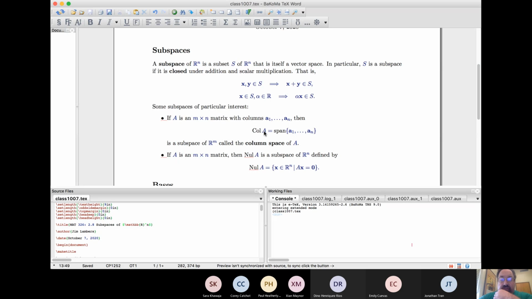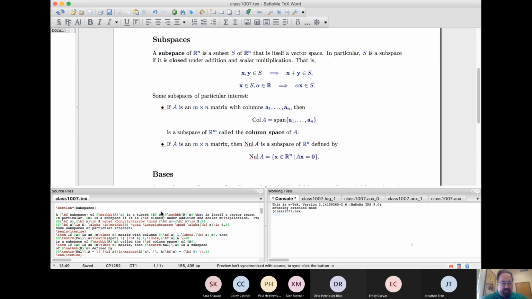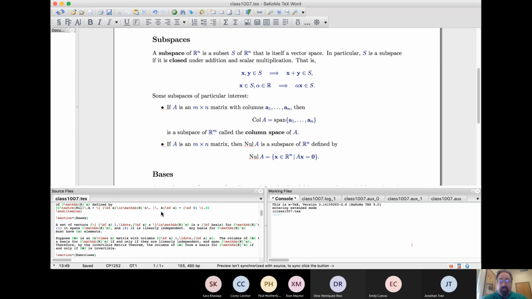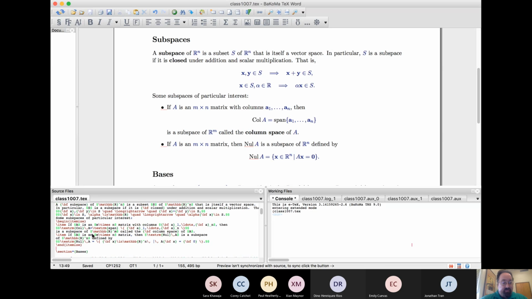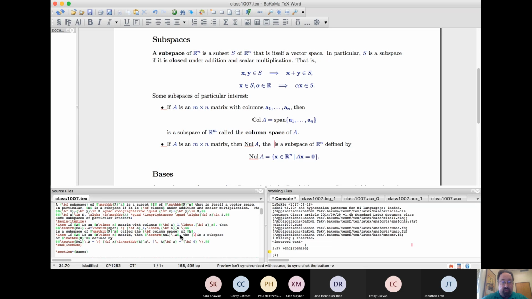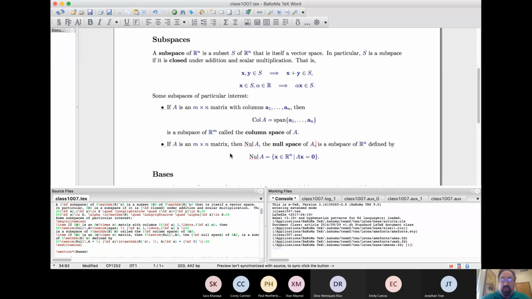Another subspace of interest, null A. I want to give the full name. So this is the null space of A, and null A is just an abbreviation.